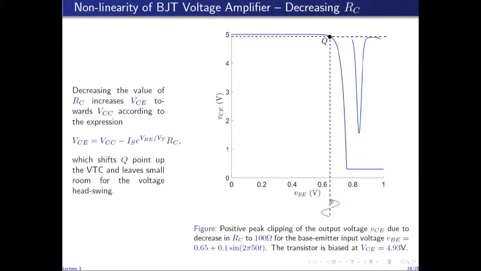The reason behind this is to visually show the effect of clipping on the output voltage. So we increase this input voltage in order to show the clipping of the positive peak of the output.